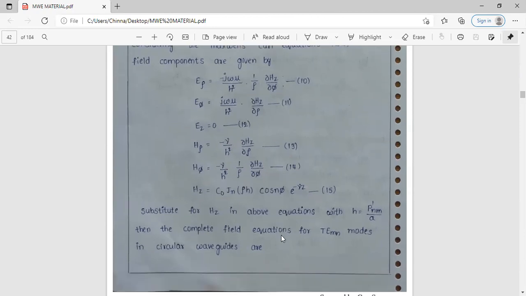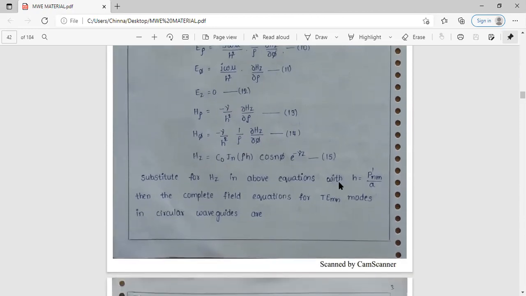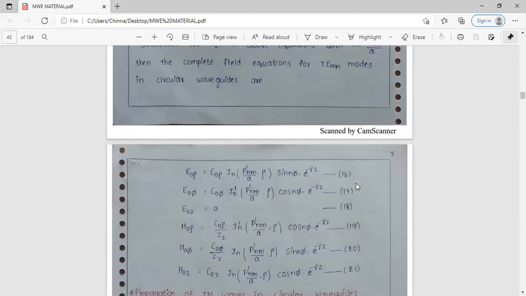We can substitute the Hz in the above expression with h is equal to p'nm by a. Then the complete field equations for TE mn modes in circular waveguides will be obtained. Wherever we have the h value, when we substitute that value, these are all the complete field equations. So TE mn modes will be obtained for the circular waveguide.